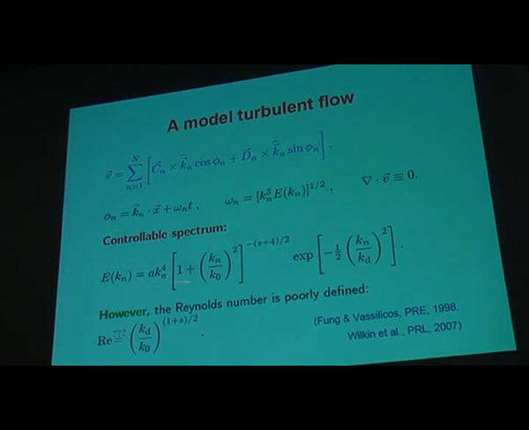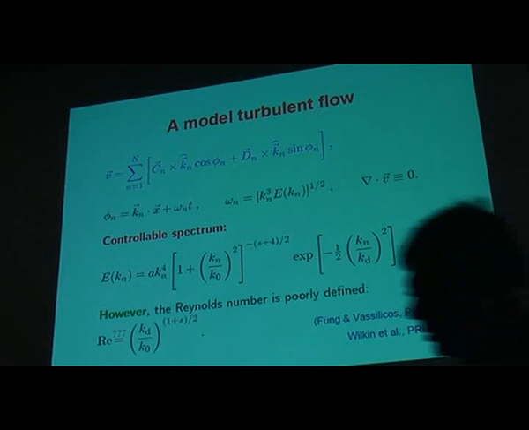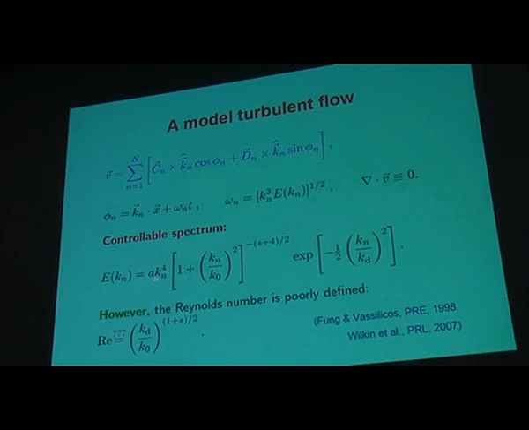And we have chosen, for example, a modified von Karman spectrum. At small k, it's k to the fourth. At large k, it has an exponential cutoff, and in the middle, for kn larger than k naught and less than kd, we shall have a power law. Ek will be proportional to k to the minus s. Again, if you do this arithmetic, k to the plus 4 and minus 4 go. You have k to the power s.